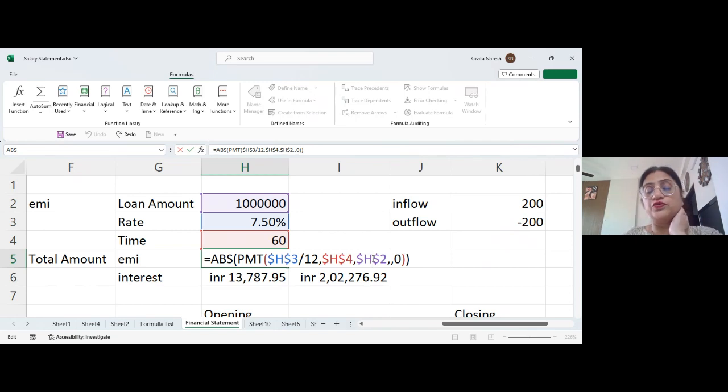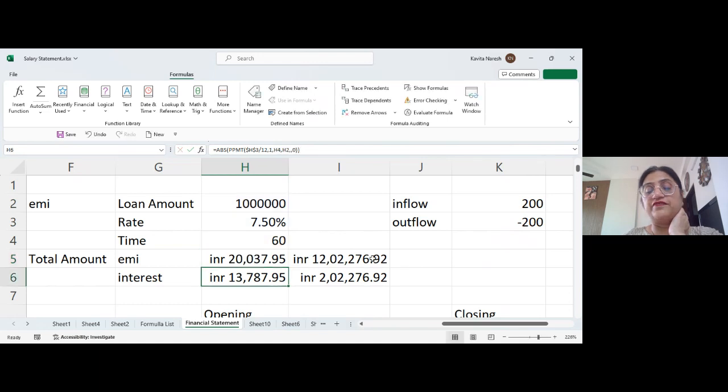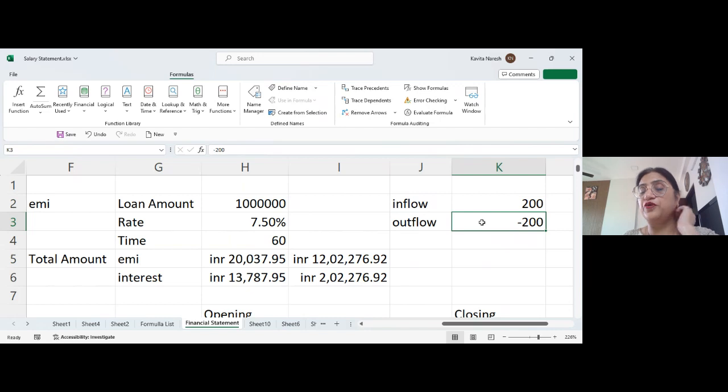And I told you yesterday, I already gave this understanding, what is inflow and what is outflow. If you are writing the amount without any sign, then it is inflow. And if you are writing the amount by putting the minus sign, then this is outflow.